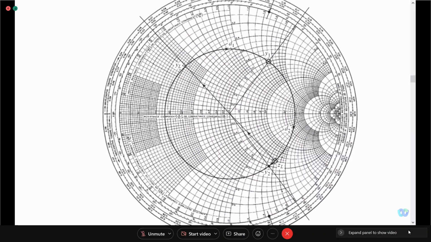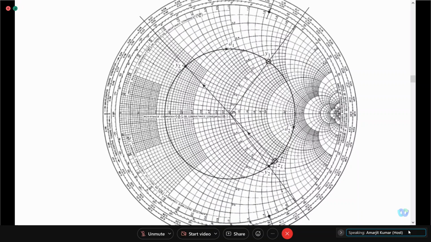So what will be that point? The 1 plus jb circle. Where is that circle?